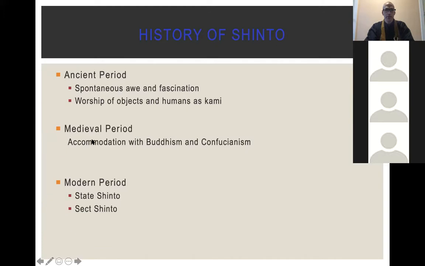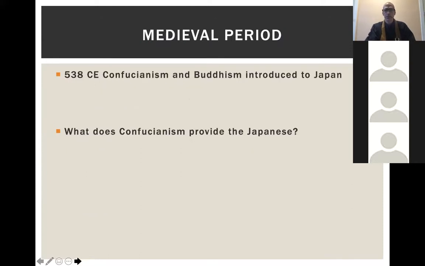Today we'll look at the medieval period, where Buddhism and Confucianism come in, and then the modern period. So that's the overall picture. Let's look at the medieval period first.